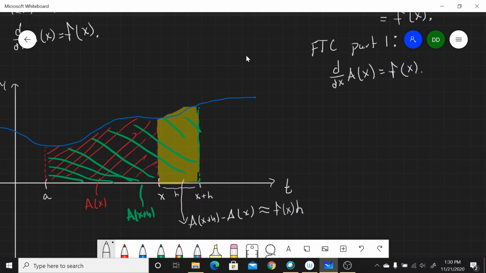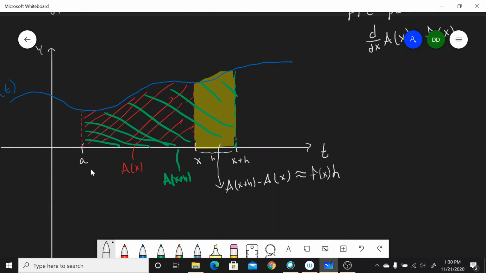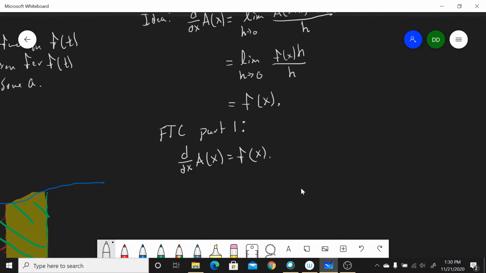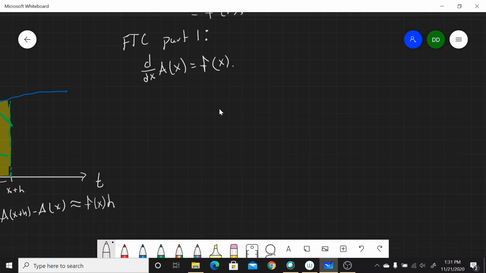And notice that the fact that I had left endpoint a didn't matter. I could have moved this up. The most important part is the change in the function, and that's not dependent on my a. All of that area got removed when I computed this difference in the area. And so that's the first part of the fundamental theorem of calculus that tells us the derivative of A of x is equal to little f of x.